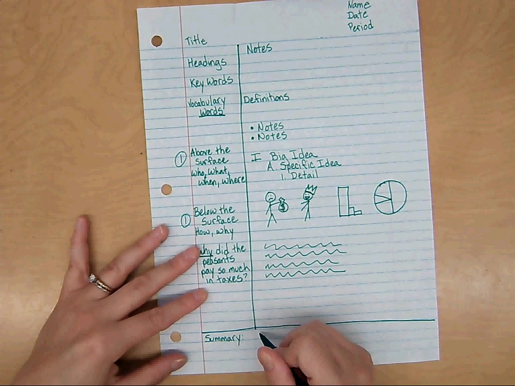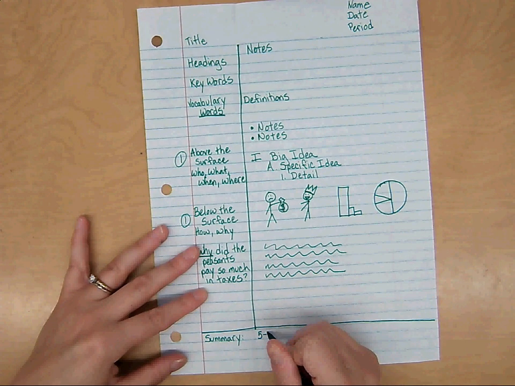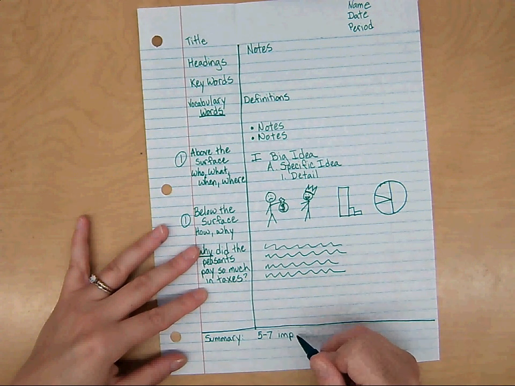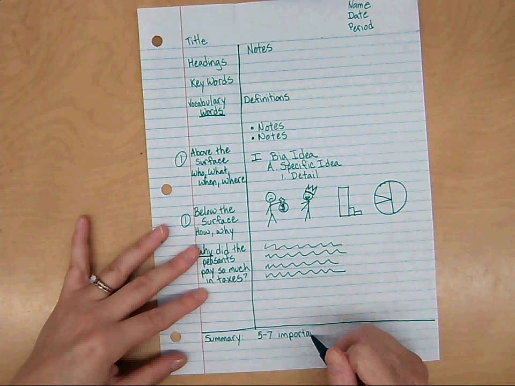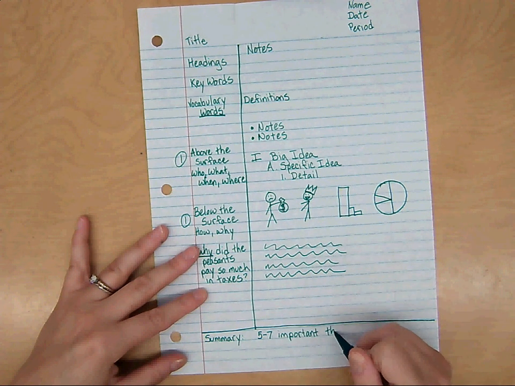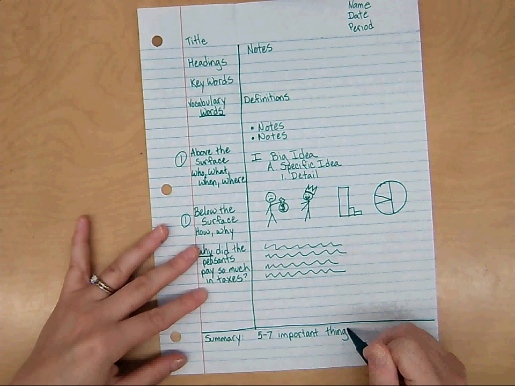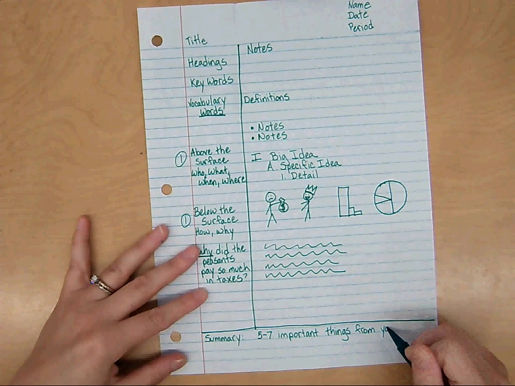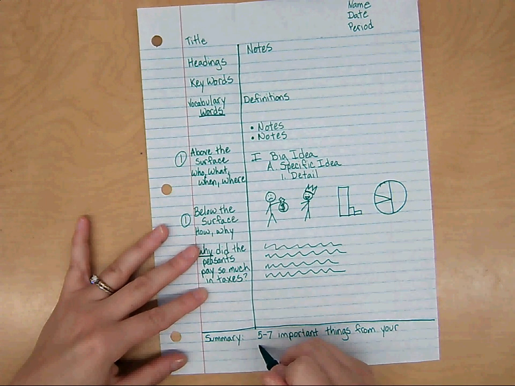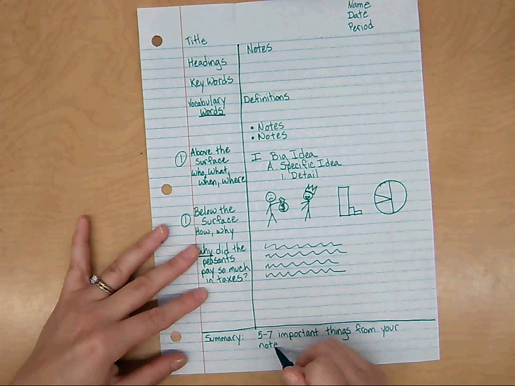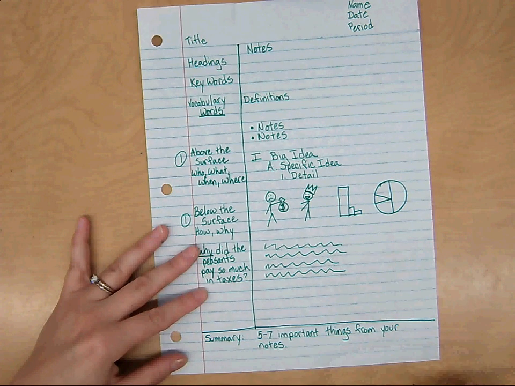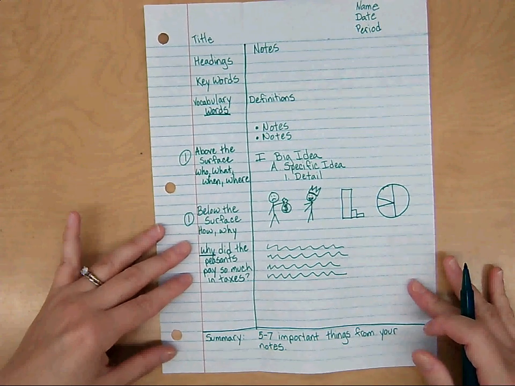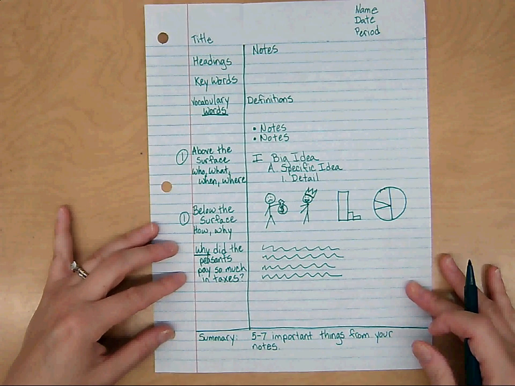This is where you write 5 to 7 important things from your notes. And this will help you find your information later, and it also helps you think about the information in a different way.